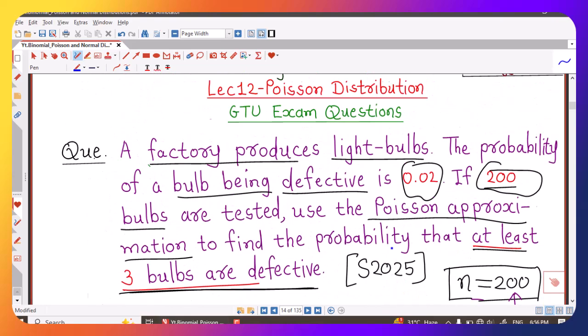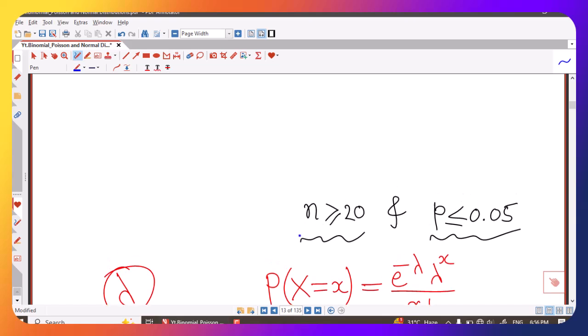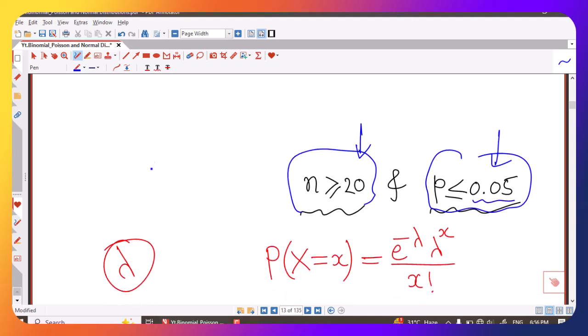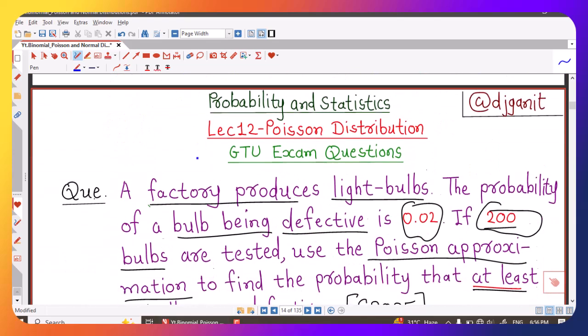So here we have used Poisson approximation to calculate the probability of at least 3 bulbs, and to use Poisson approximation we use this rule of thumb, which says that if the value of n is greater than or equal to 20 and the probability of success is smaller than 0.05, then we can use Poisson approximation with lambda equal to n times p to calculate probabilities of the binomial distribution.